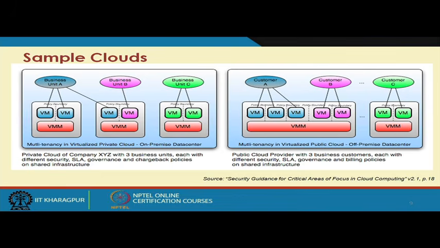The cloud service consumer does not have much control over this, other than relying on the SLAs and the reporting of the providers.